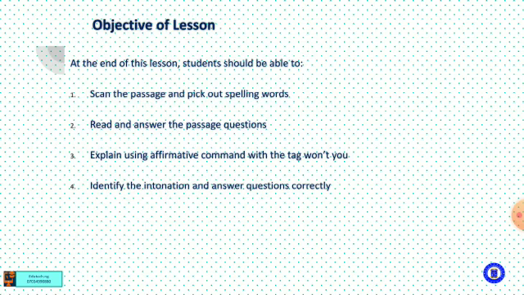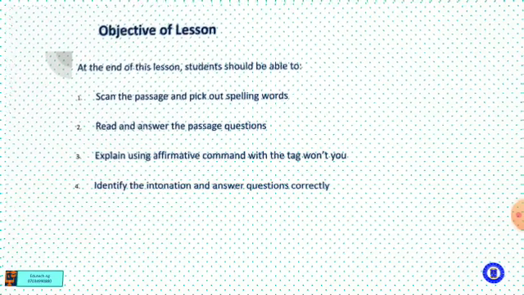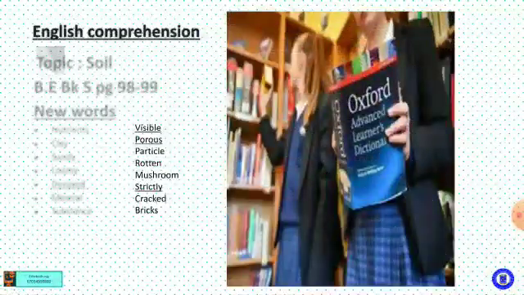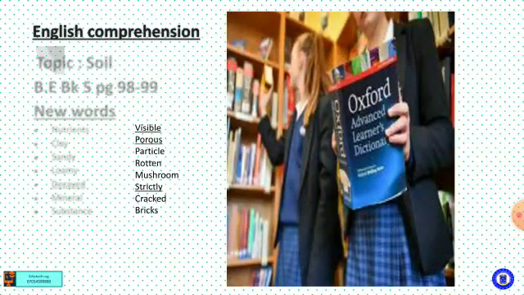Now quickly, let's go over to the first topic for today's lesson, which is English comprehension with the topic soil. You will find this reading passage on page 98 of your Macmillan Brilliant English Book 5.